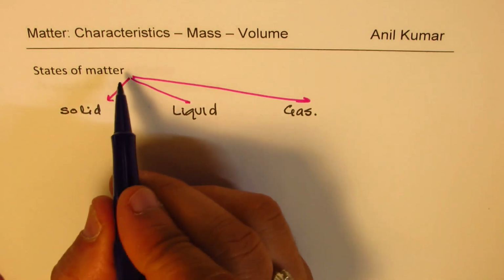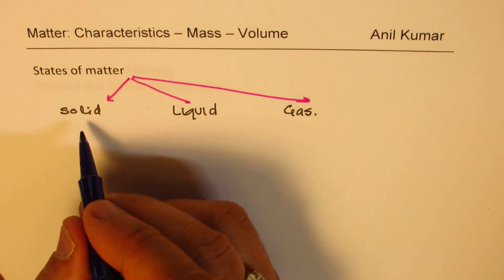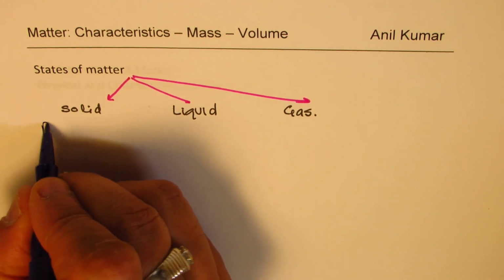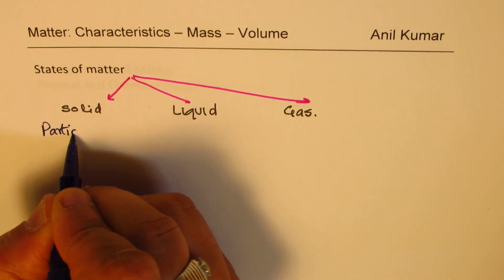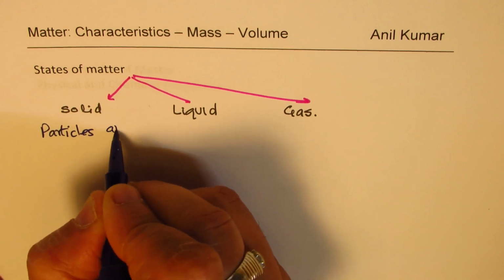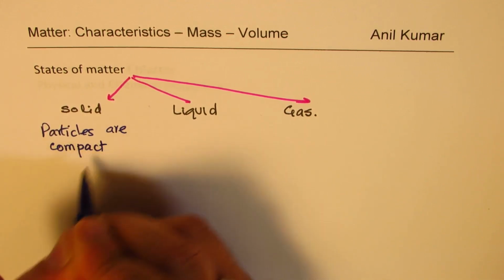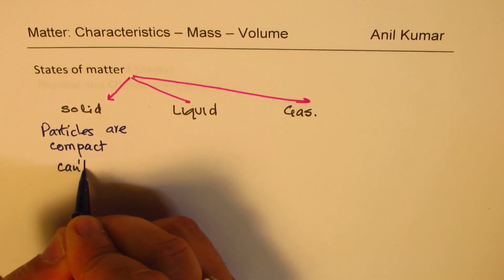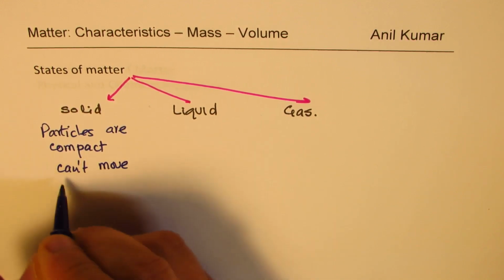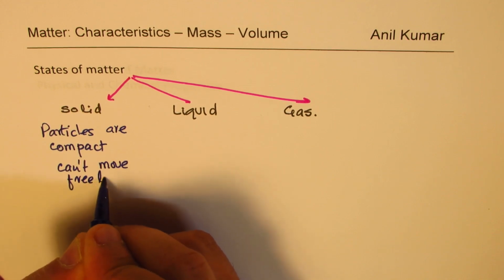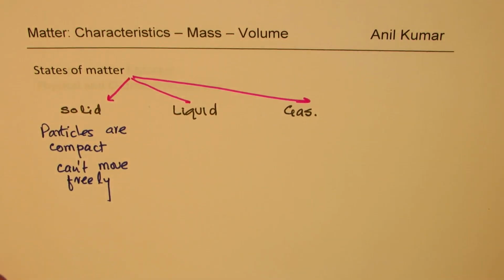Is basically we know matter is made up of particles, right? So here particles are compact, can't move freely, right? Now in this case of liquids, the particles can slide.